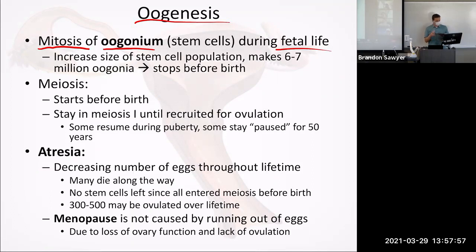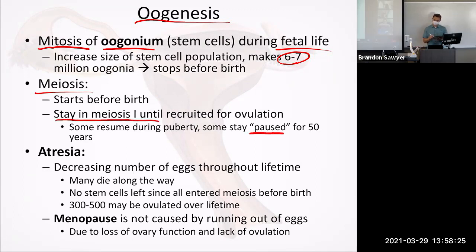During fetal life, females are increasing the stem cell population up to about 6 to 7 million of these stem cells that can then produce eggs. This stops sometime right before birth. Then meiosis starts right before birth, and all of those eggs are stuck in meiosis 1 until ovulation happens.